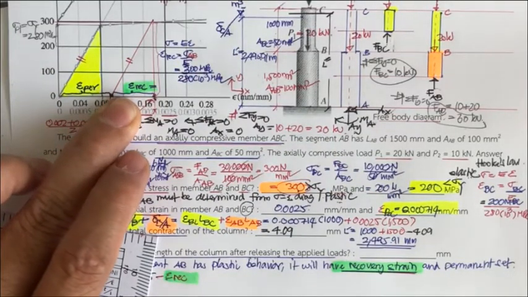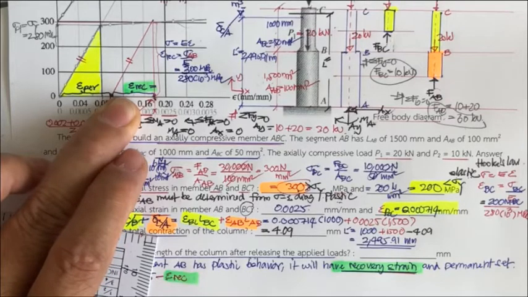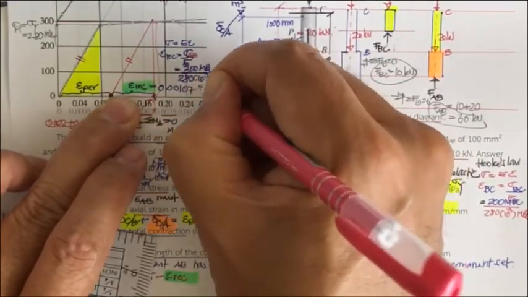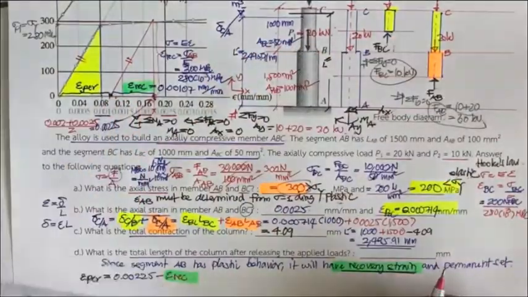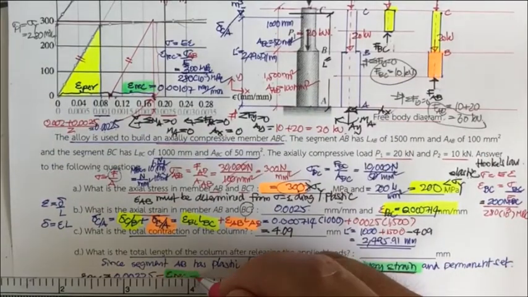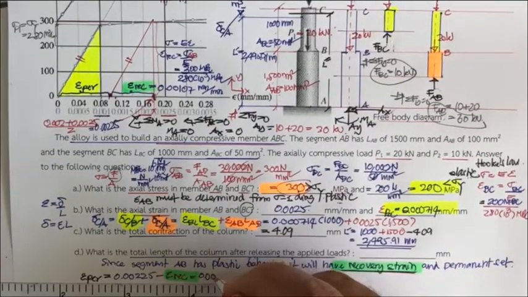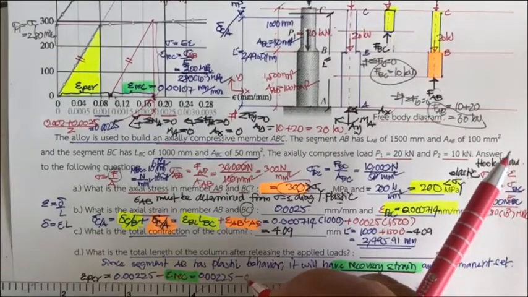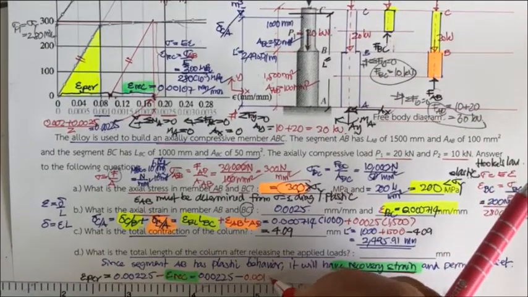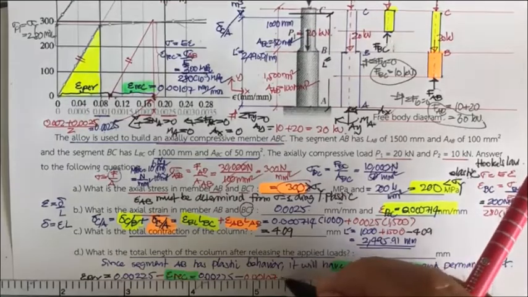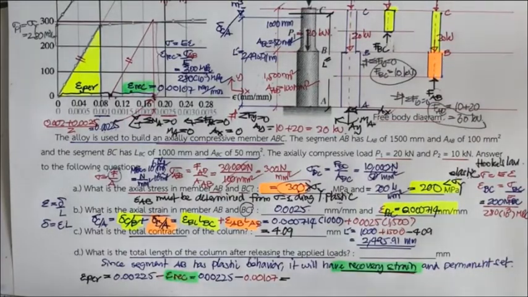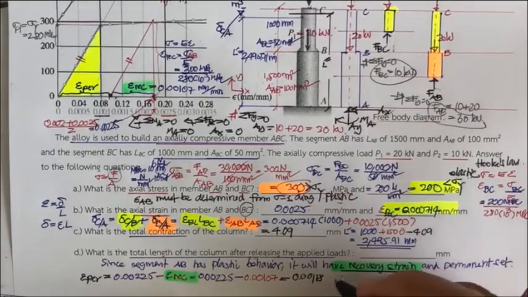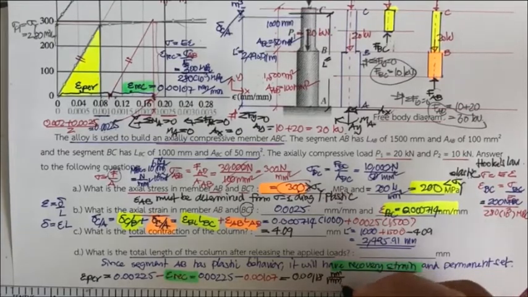So the strain recovery here can be computed as 0.00107 millimeter per millimeter. So we have 0.00225 minus 0.00107, and then we get this permanent strain of 0.00118 millimeter per millimeter.